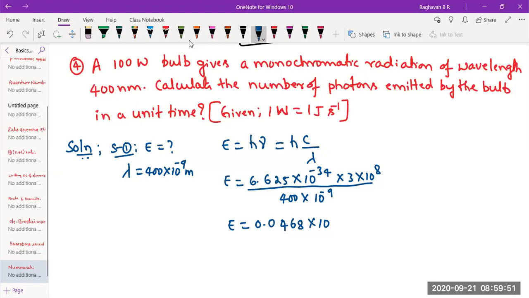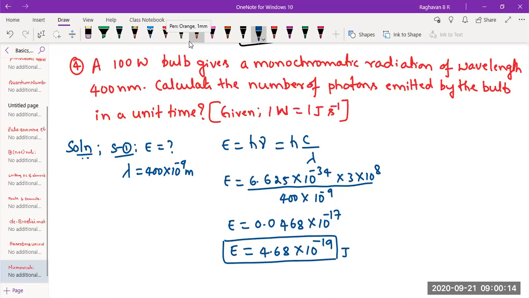Fine. This is minus 17. I am shifting the decimal to the right hand side, so 4.968 into 10 raised to minus 19 joules. What is this actually? This is the energy of one photon. Sir, it's 4968. Yes, sir. Is it? 0.4968. Okay, I'll change this.